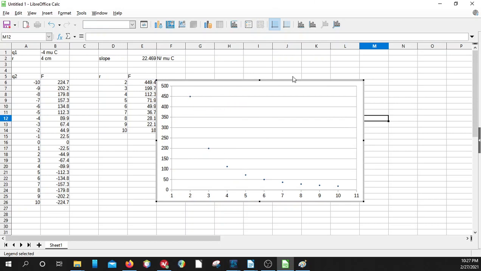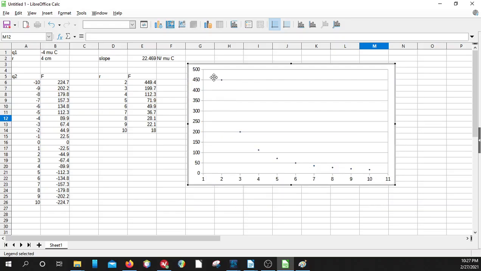So again, for your chart, you always want to label it. And again, not like a generic label, like not force as a function of distance. Try to think, what are we doing here? What are we trying to do? We're examining the dependence of force on distance or something like that. Give it a name. And we're just going to have data points here. But again, label your axes and include units.